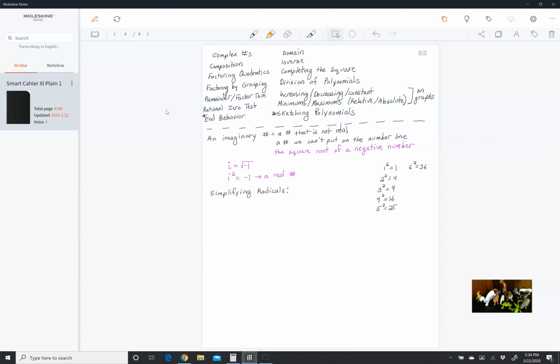These are just helpful things for you to know so that things just go a little bit faster. Again, you can always put it into your calculator, but knowing these things just makes everything go a little bit faster. So we have 9 squared equals 81, 10 squared is 100.